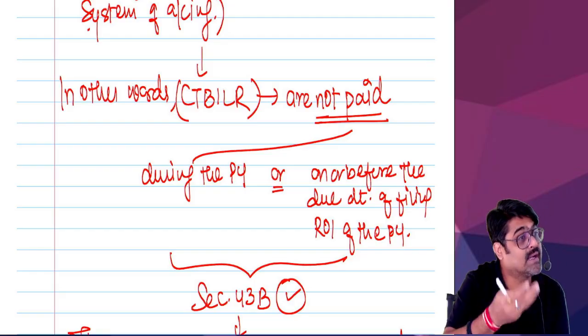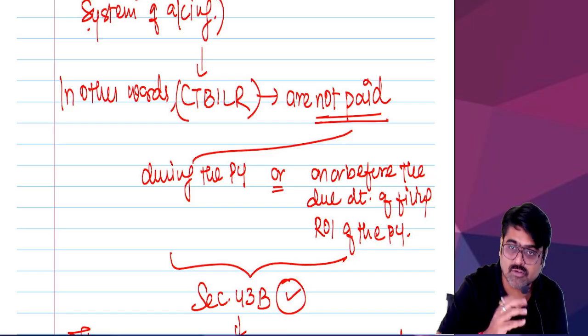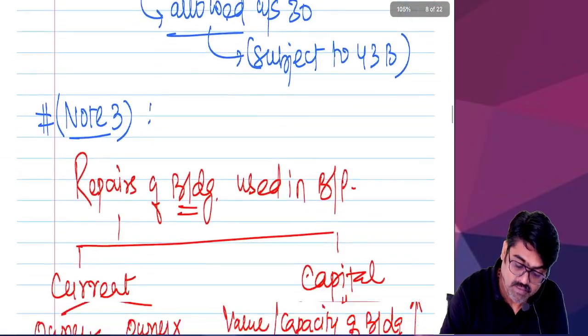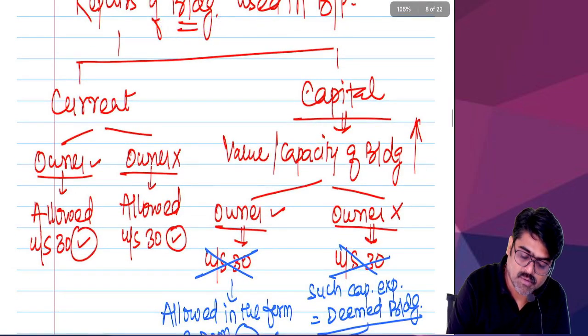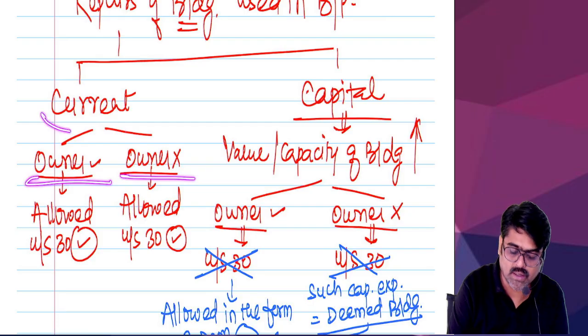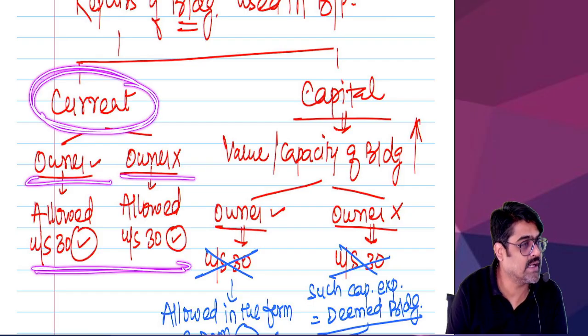And in that, rates and taxes of your building are also covered. Yes or no? So, repairs of building used in the business or profession: current nature repairs, whether you are the owner or you are not the owner, will be allowed as a deduction under section 30.